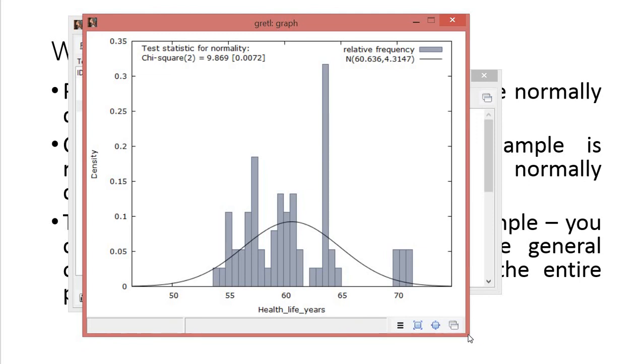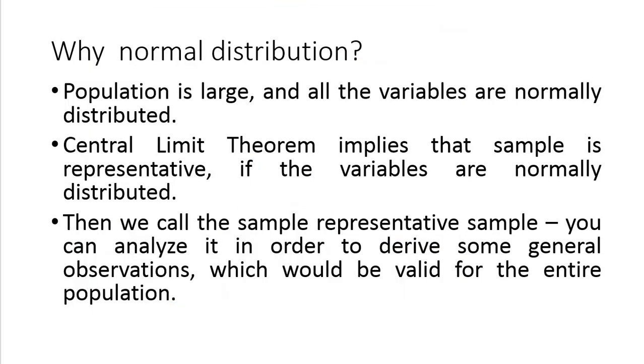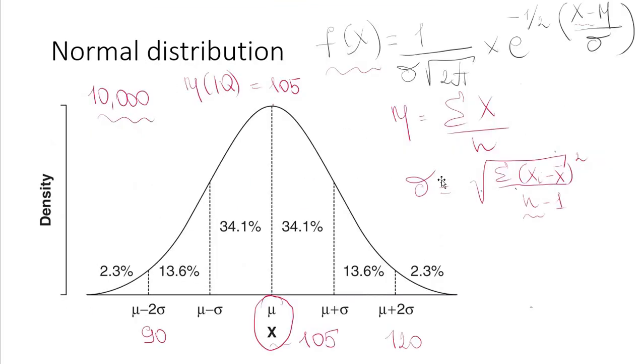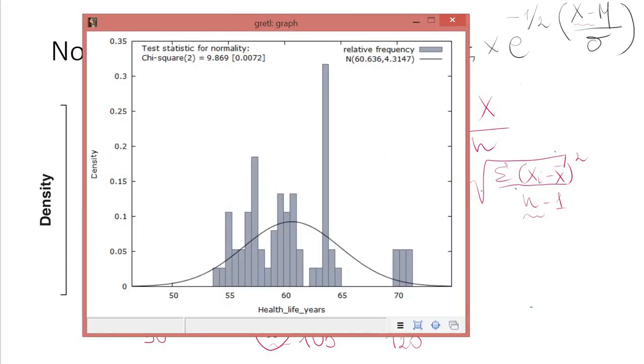So this black line stands for the hypothetical normal distribution, which was calculated based on the values of sigma and mean. Those are relatively easy to calculate based on statistical data. And those bins stand for the empirical distribution in my dataset. So you already see it's pretty different.